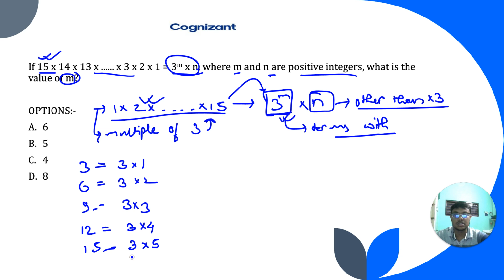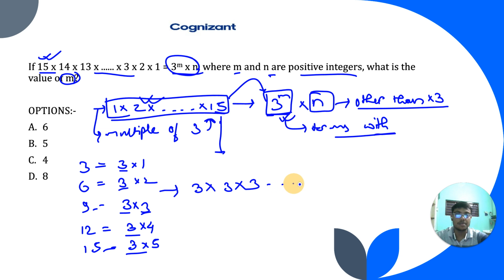So this entire multiplication has a total of 6 multiples of 3, that is 3 into 3 up till the 6th term. That means this particular thing can be represented as 3 to the power 6.